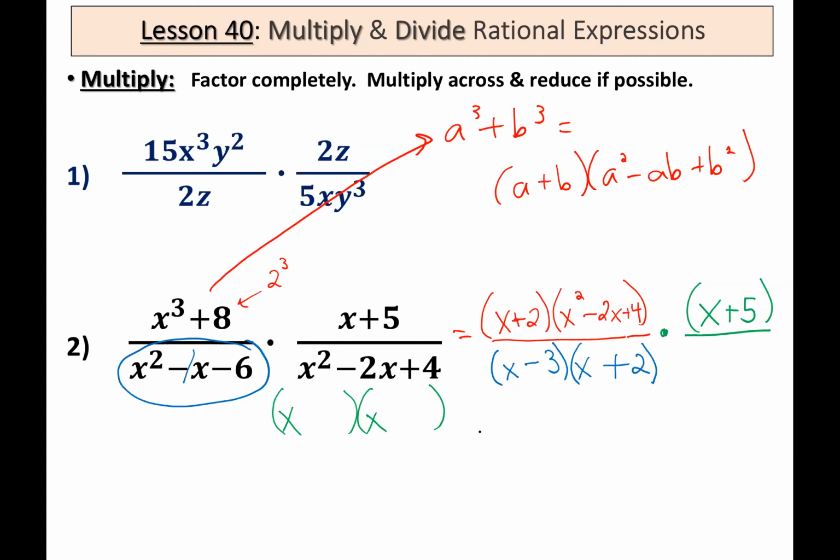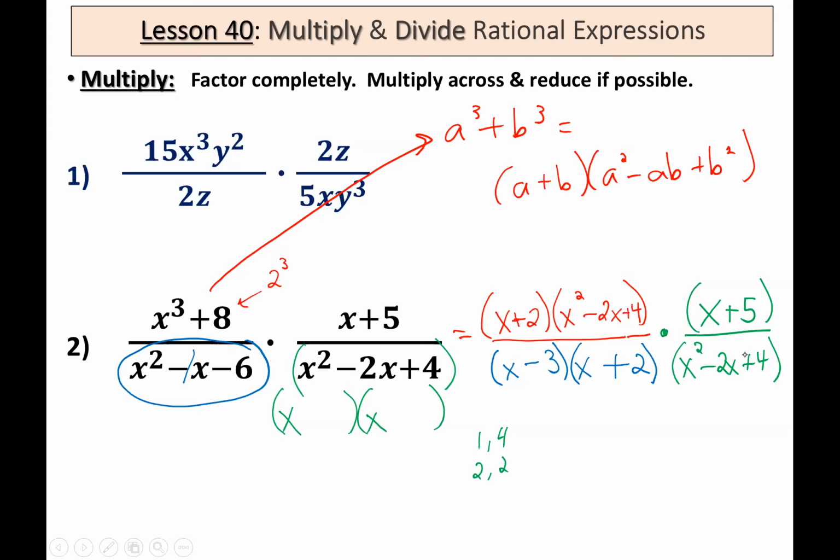Okay, 1 and 4, no, that's not going to work. 2 and 2. Yeah, there's no combination where my factors of 4 would add up to negative 2. So this is actually, believe it or not, prime. It can't be factored. That doesn't mean our whole problem is prime. It just means this one expression is prime. So that's a little bit surprising, to have a trinomial, 3 terms, that can't be factored. So we're going to just copy that down as well.